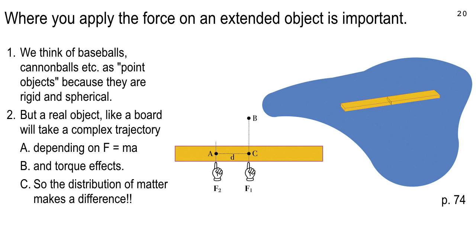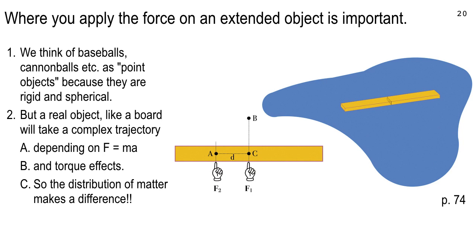So the distribution of matter and where you apply the force really matters. And we're going to calculate the numerical quantity, the moment of inertia, capital I, that is the rotational analog of mass. But before we do that, I want to look at some pictures here.